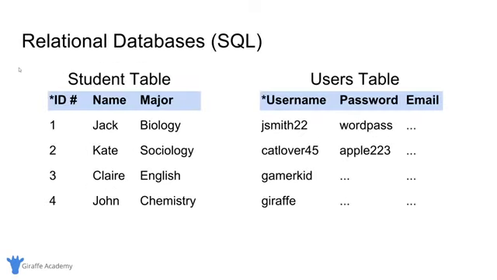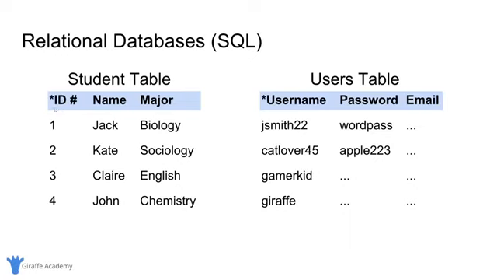So let's take a look real quick at a relational database, or, like I said, what you'll hear people refer to as a SQL database. So over here we have two examples of tables. This would be basically how we would store our information in a relational database. So over here I have a student table, and this student table might store individual students. You'll see we have an ID, a name, and a major. So for every single one of my students, I have an entry just like this.